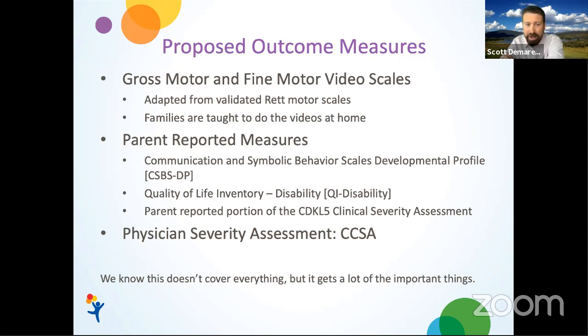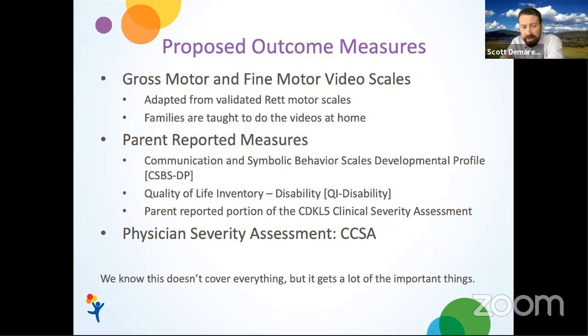You tell us how things are going. Those are in terms of communication, the QI disability quality of life inventory, and half of the CDKL5 clinical severity assessment. So that actually has 2 parts to it. There's a parent report portion, and there's a physician completed portion. And those are 2 separate measures now because they're filled out by different people. And we're in the process of making both of those better than what we originally had set them out.